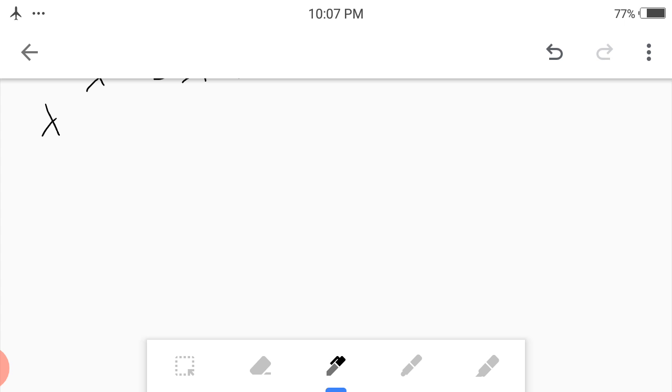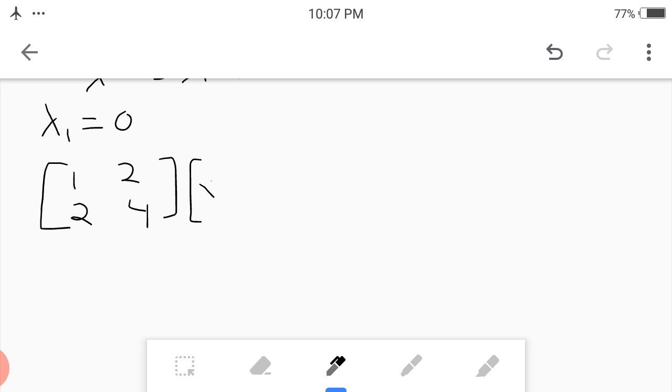So let's take first when lambda 1 is 0. A minus lambda I is [1, 2; 2, 4 minus lambda, that is 4]. You are basically finding the null space here. So what is the row operation you do? R2 equals R2 minus 2R1, right?